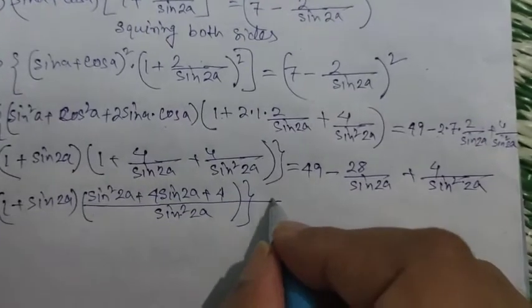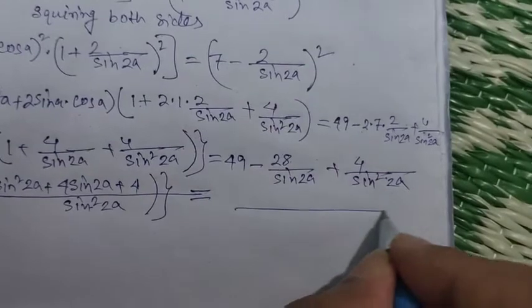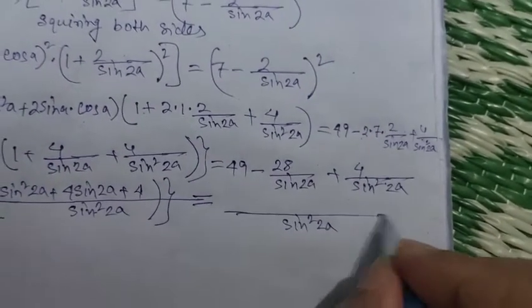Now equal to, we will do the same thing, sin square 2A will be the LCM.